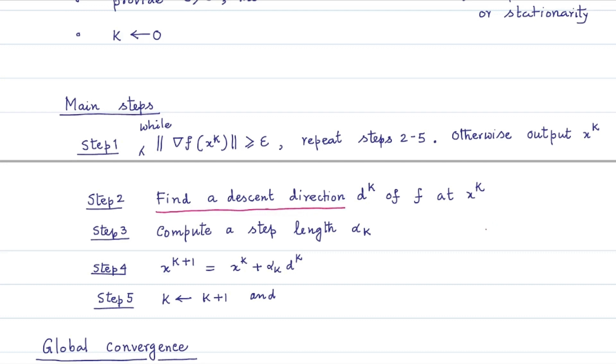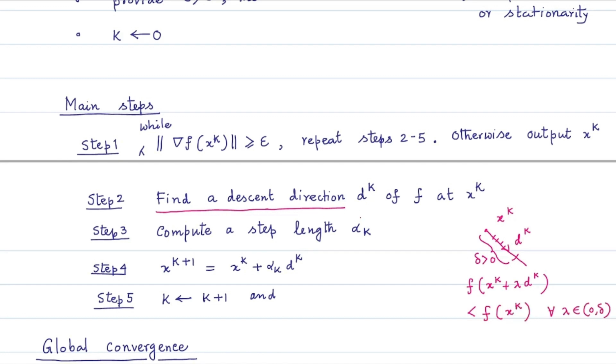Therefore, if we move from the point xk along the descent direction dk, there exists at least a small step length, say delta, for which the function value at any point from xk up to this delta distance, that is xk plus lambda dk, is less than that at the point xk.